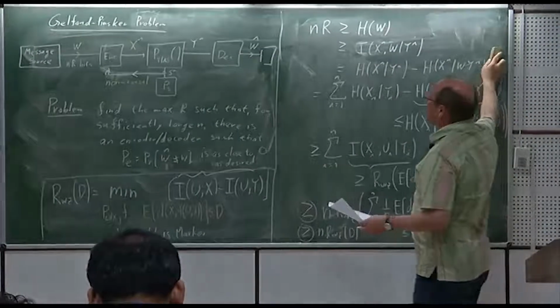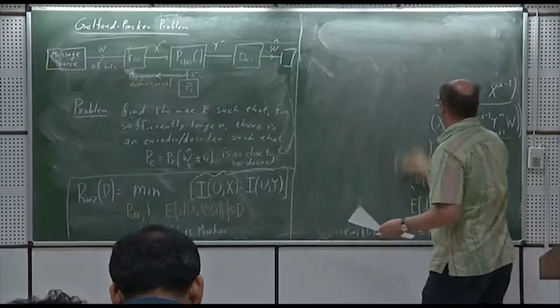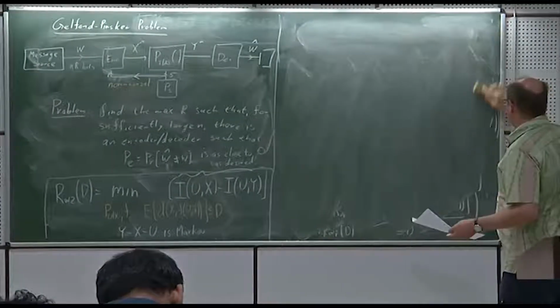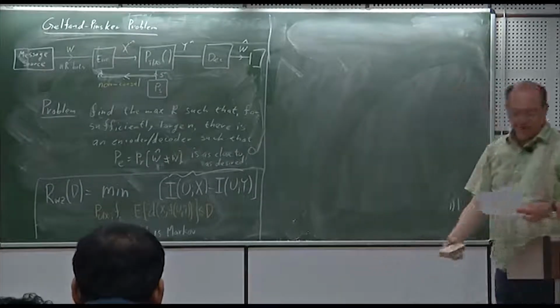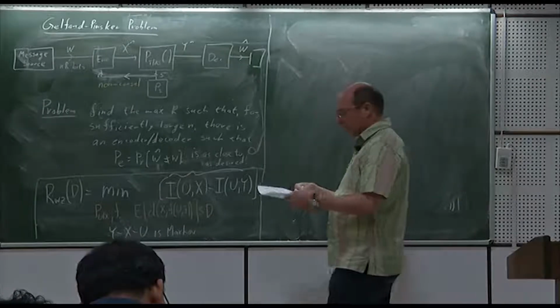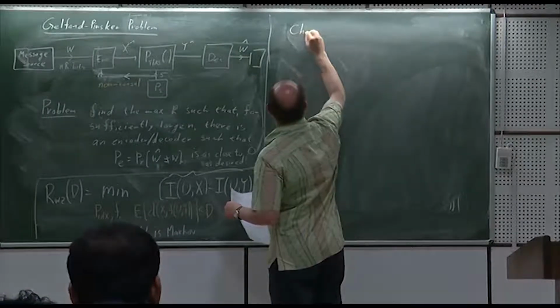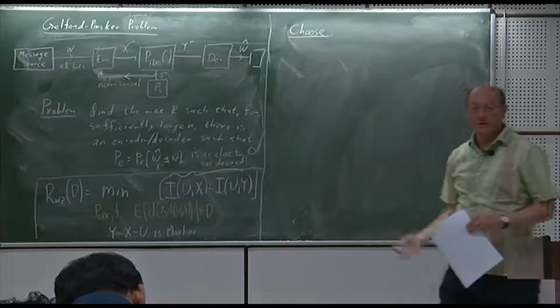Okay, so let's talk again about the coding. So now we're accustomed to how we do our codes, and so I'll walk through it a little bit faster. But first, let's choose something. First thing we'll choose is an auxiliary random variable.